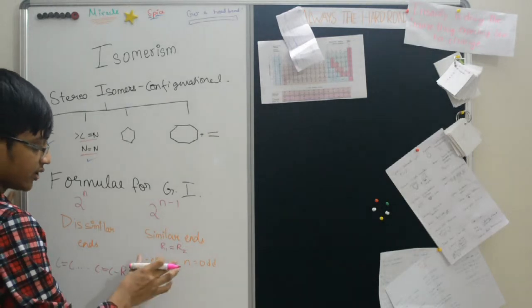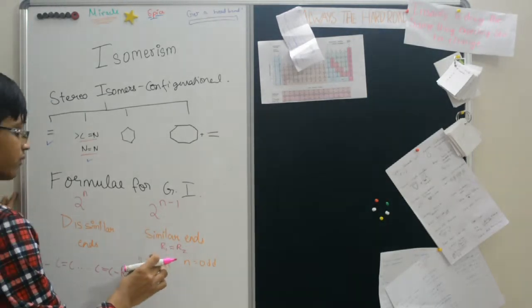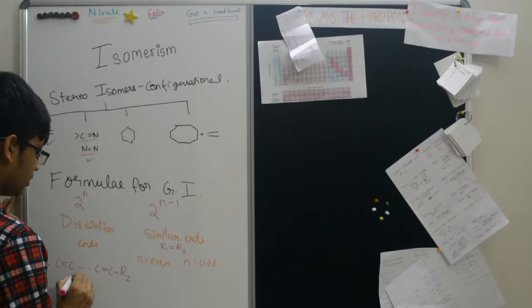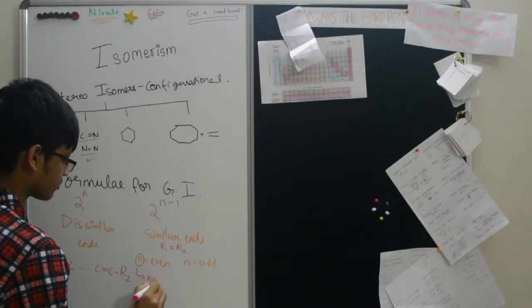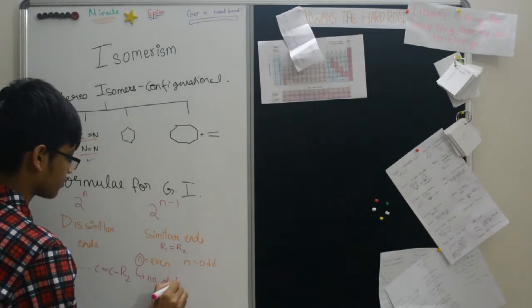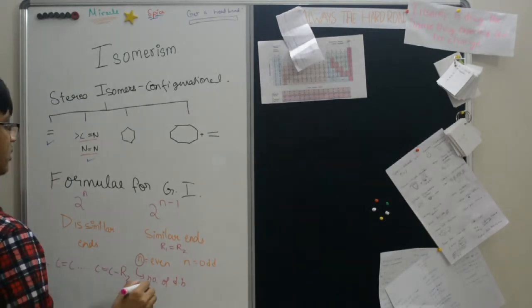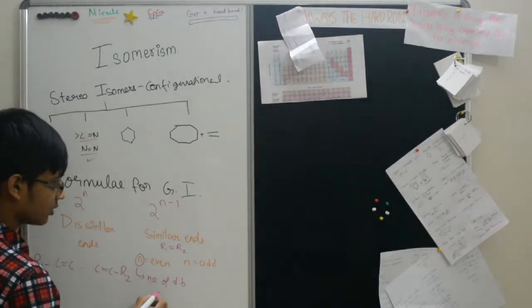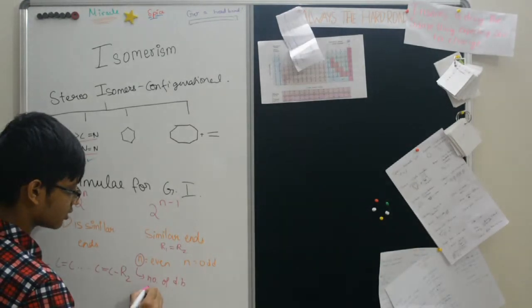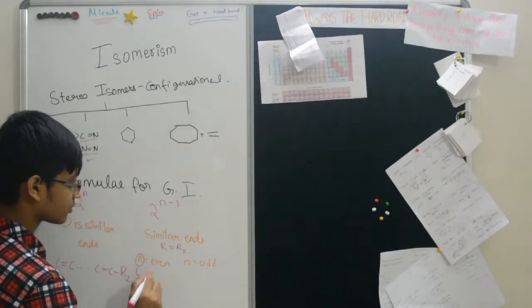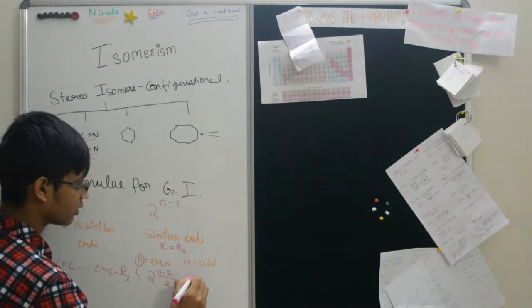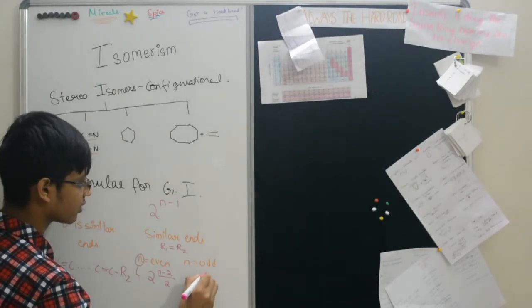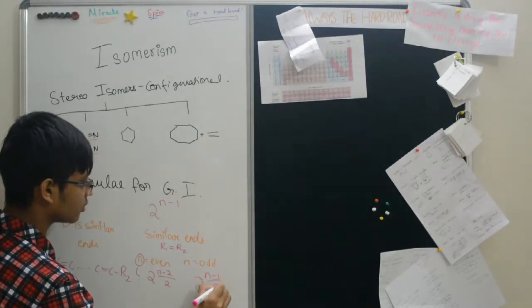However, n basically is the number of double bonds. So in case of an even number of double bonds, the formula is equal to 2 to the power of n minus 2 by 2. In case of an odd number, it is equal to 2 to the power of n minus 1 by 2.